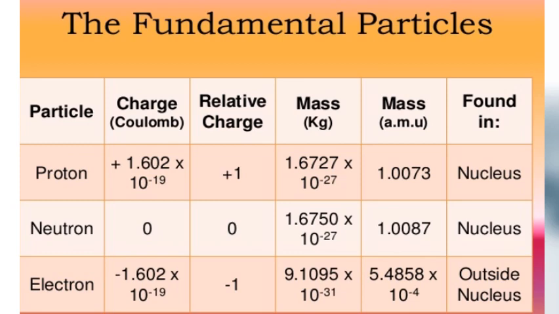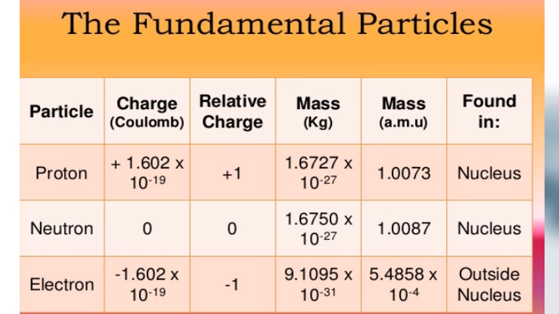Then the relative charge, considering the unit charge, is plus 1 for proton, minus 1 for electron and 0 for neutron. The mass of the proton in kilograms is 1.673 × 10^-27, for neutron it is 1.675 × 10^-27, while for electron it is 9.109 × 10^-31.